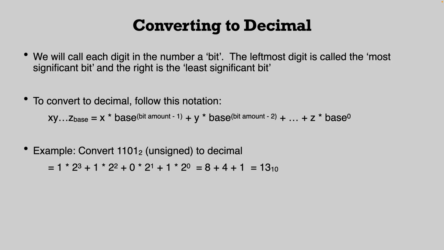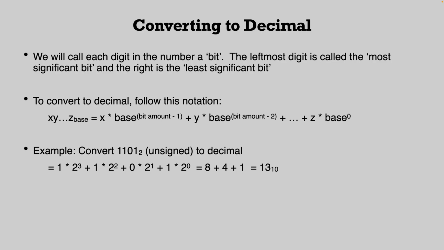So to convert to decimal, we're going to follow this basic notation here. Basically, you're going to multiply each digit by the base, and then that base is raised to a certain exponent. The least significant bit will be multiplied by the base to the 0th power, and as it goes to the left, it'll go up 1 by each term.